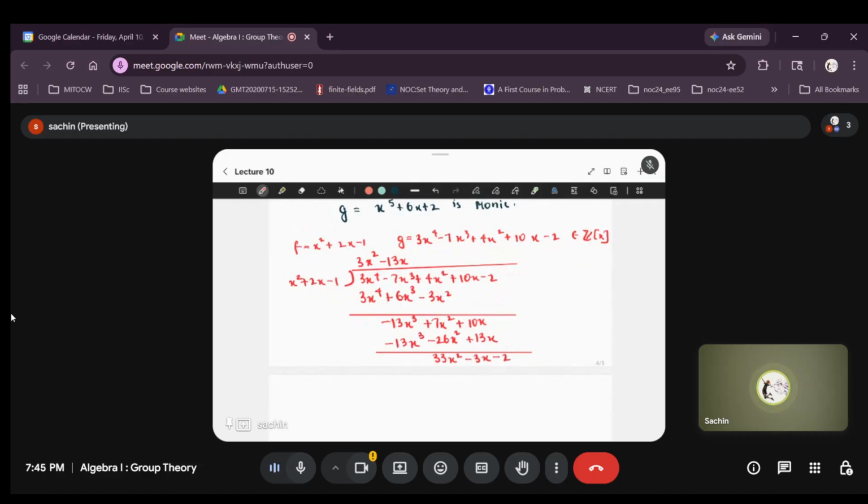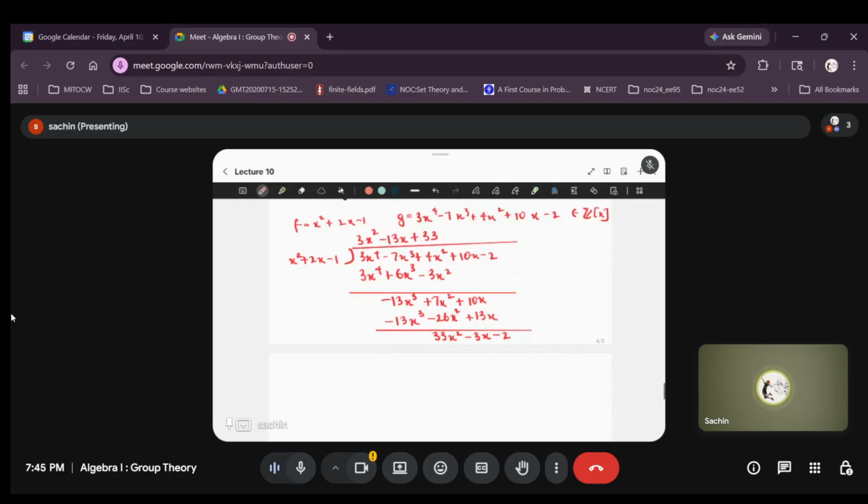You can bring down the 2. Then 33 times x squared plus 2x minus 1 is 33x squared plus 66x minus 33. If you subtract, you're left with minus 69x plus 31. And the degree of minus 69x plus 31 is less than the degree of the divisor, x squared plus 2x minus 1. So you can stop.